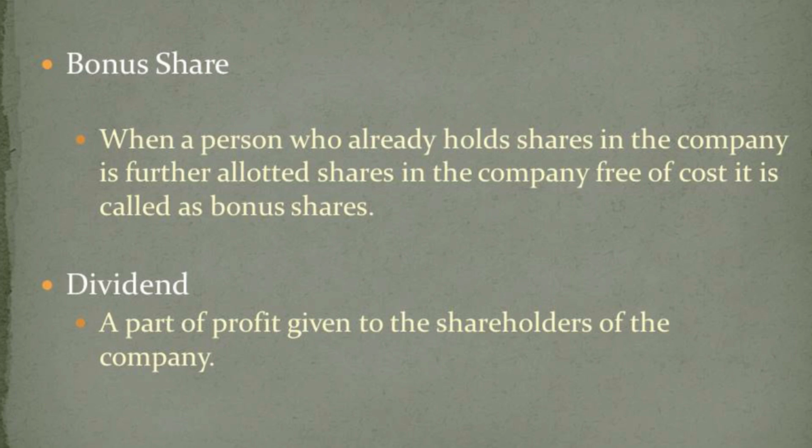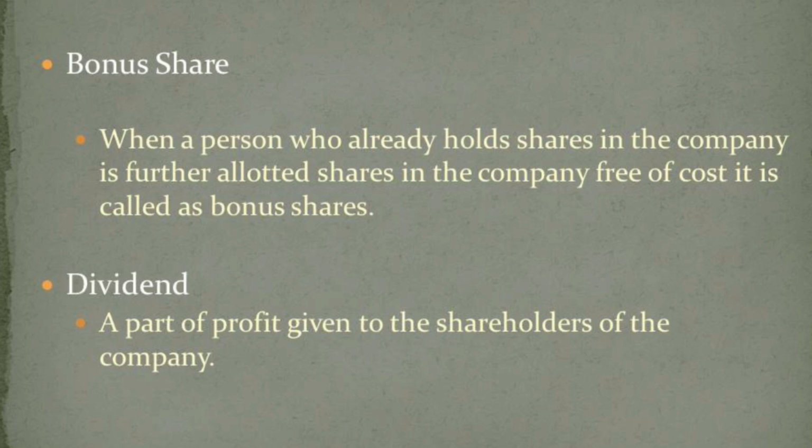In what ratio does a company issue bonus shares? That is purely decided by the company. For example, a company may say bonus of 1:1, which means if I am holding 100 shares of the company, the company would give me another 100 shares free of cost. So, bonus shares are nothing but free shares given by the company to its shareholders on a specified date.